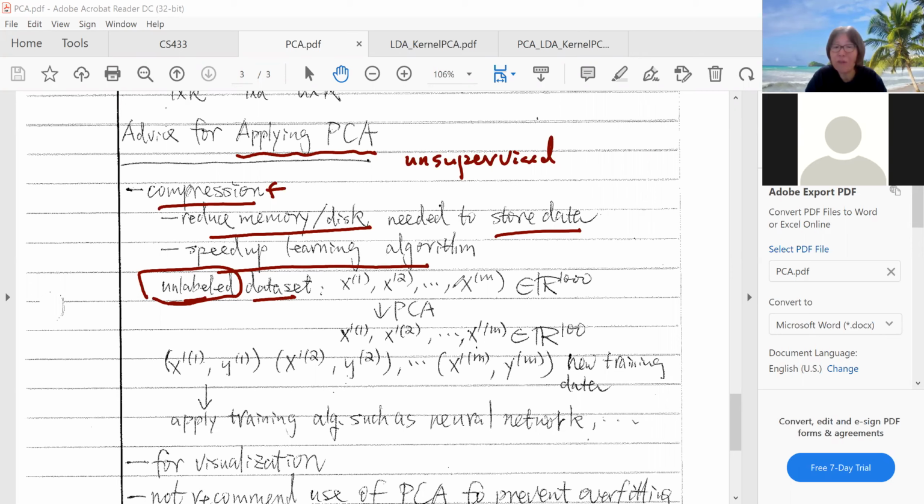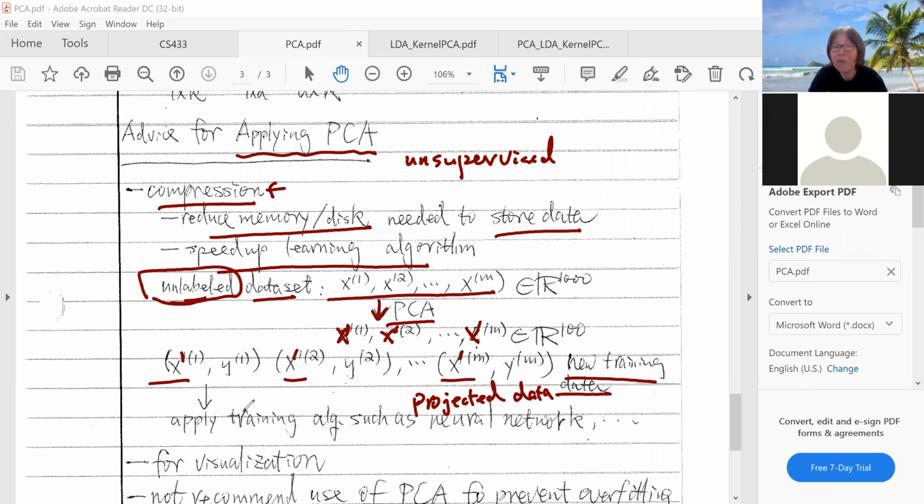So here is the example, you have a number of samples, then you apply PCA, then they are going to be reduced to a new data set in the reduced dimensionality, reduced feature space. So your new data set is going to be X prime, it's all the projected data.